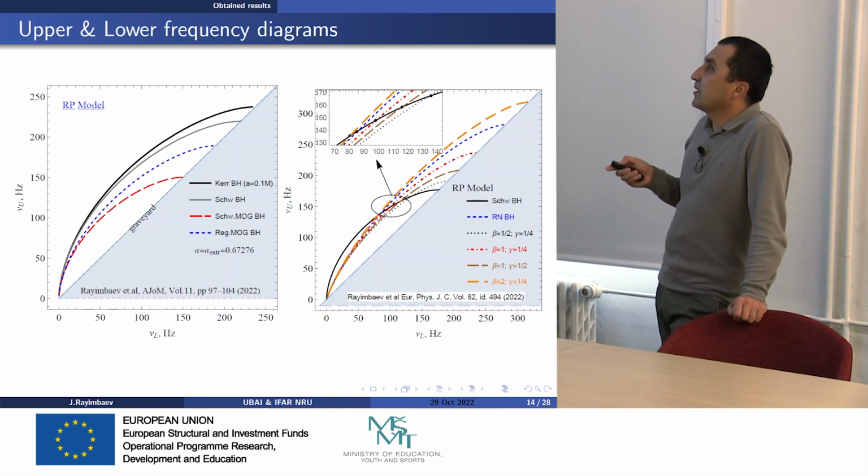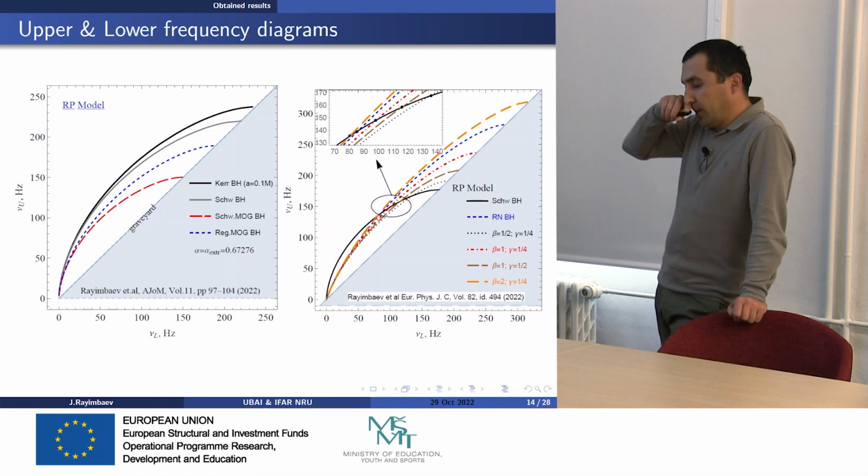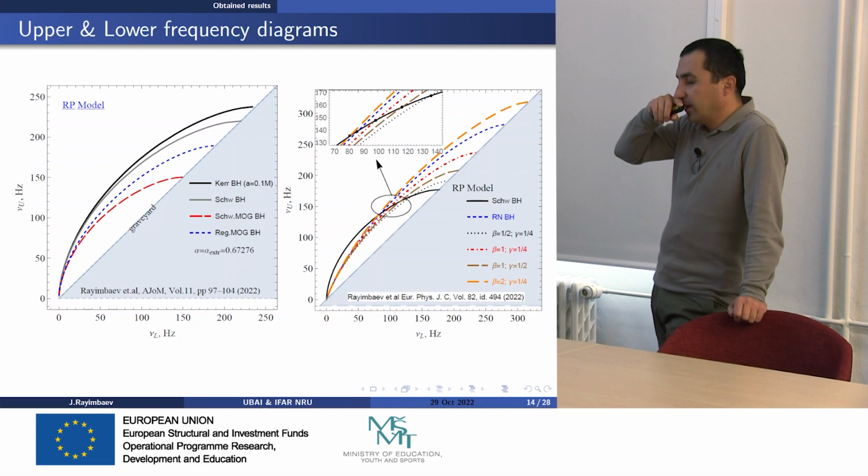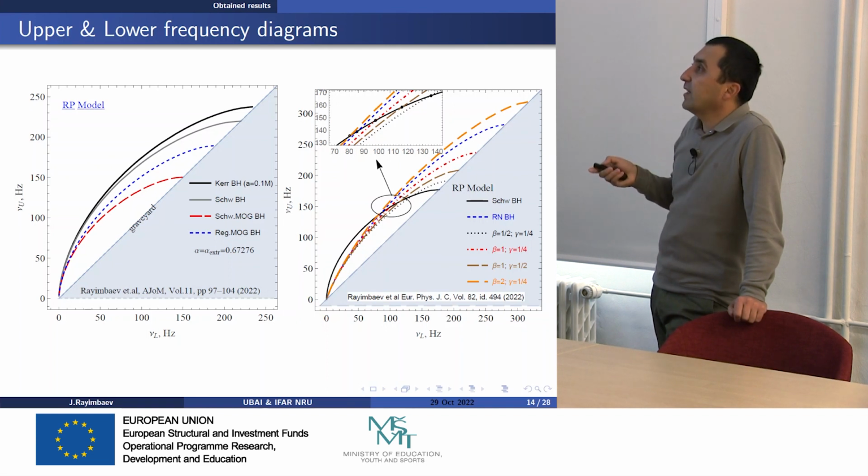And these are results obtained in Einstein charged black holes, Einstein-Maxwell scalar gravity, for different values of the scalar field parameters beta and gamma.